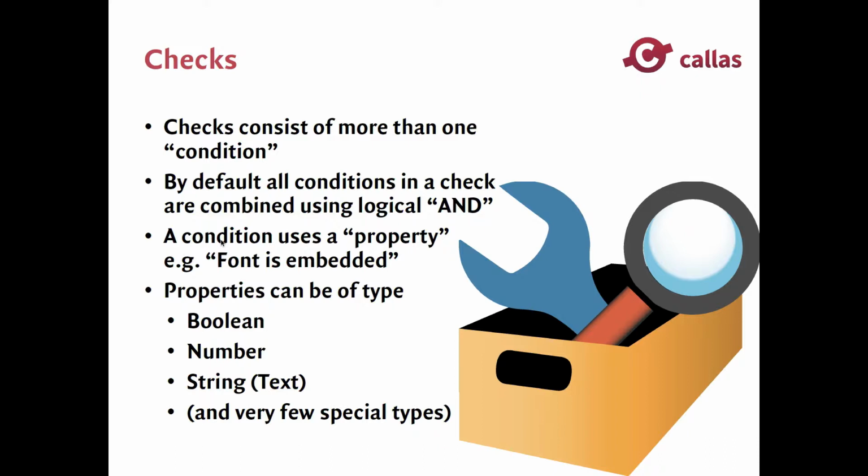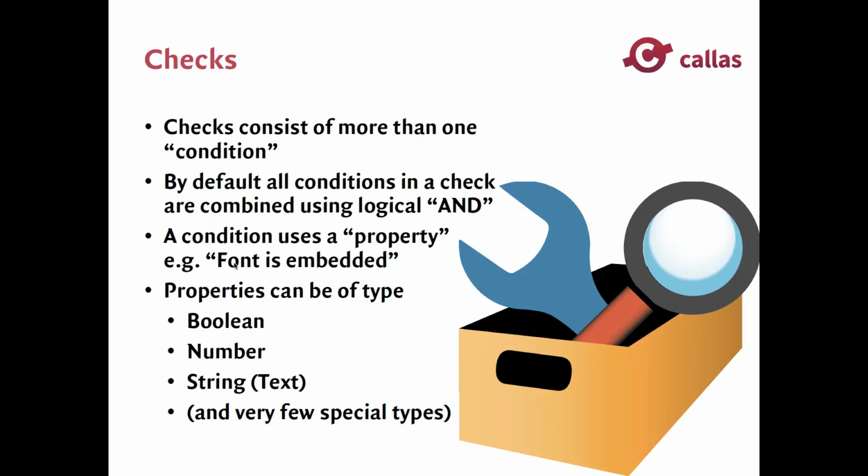And every condition uses a property. For instance, font is embedded, with an operator which then would say font is embedded is true, or font is embedded is not true. And that is because this font is embedded property is a Boolean one.